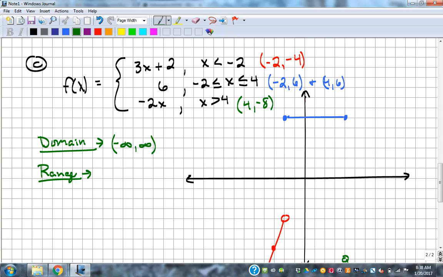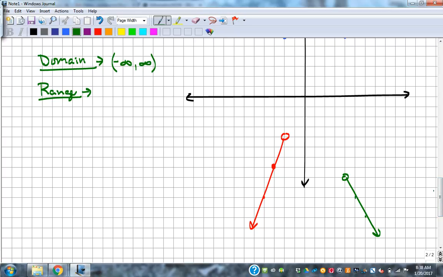No, it's included. So when we look at our range, both of the bottom pieces go to negative infinity, right? So our range would go from negative infinity up to, this is an empty circle, but that same y value is picked up over here. So it's not really left out of the whole picture. And as I go up, this is the first y value that's completely left out, negative 4.